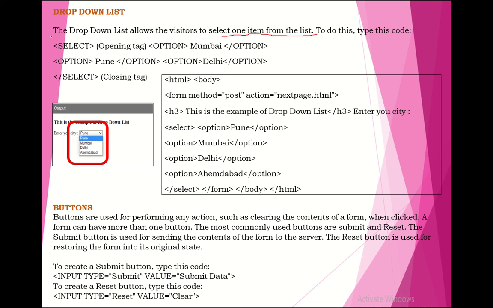This is my opening select tag. First option is Mumbai, option close. Second option is Pune, option close. Third option is Delhi, option close. Select close. So in my drop-down list, I have Mumbai, Pune, Delhi.